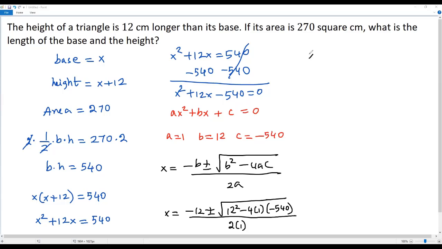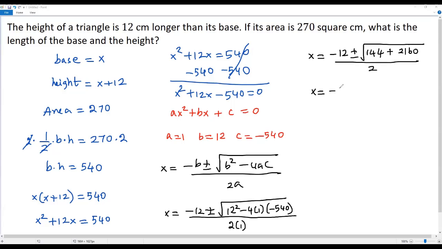Okay, let's simplify everything. x = −12 ± √(...). The value of 12² is 144. And here we have negative and here we have negative, so all three values are multiplied. When I multiply this negative by negative, it will become positive. And 4 times 540 will be 2160, over the denominator 2 times 1, which is just 2.